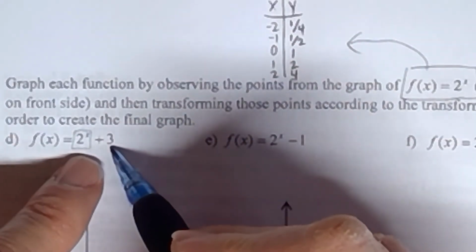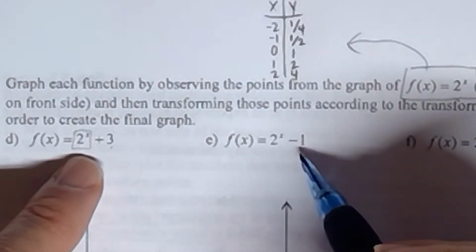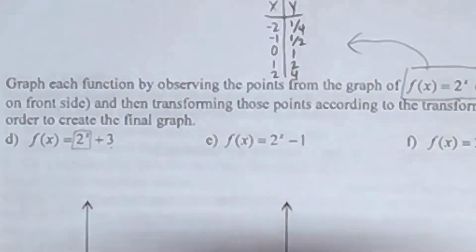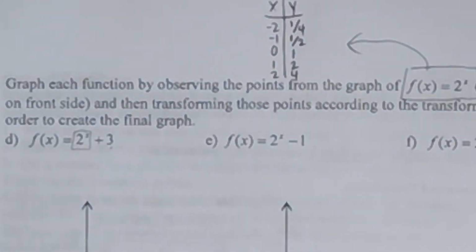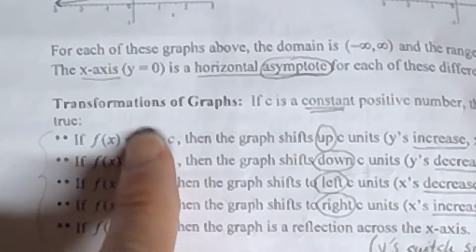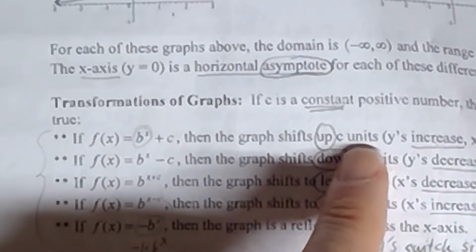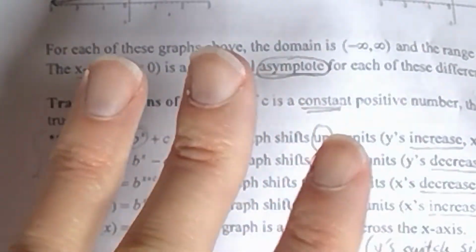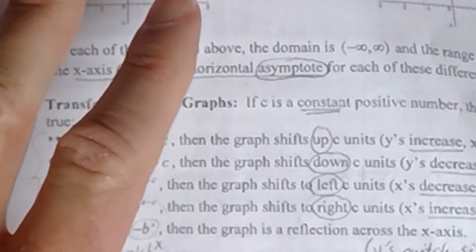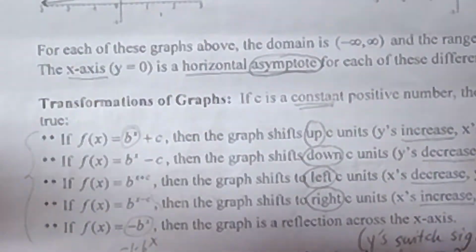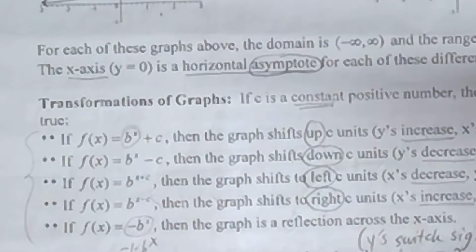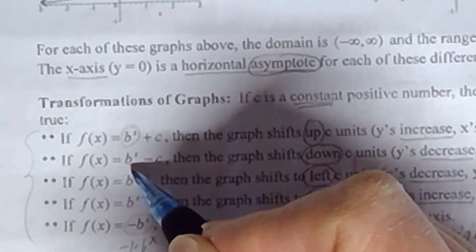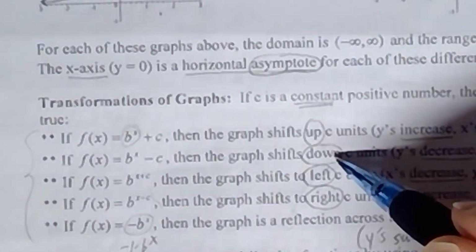If they add or subtract a constant number to the entire thing, as it says on the front of your worksheet, the graph is still going to be the same exact looking graph, not wider or more narrow, but exactly the same as 2 to the x, except it's either going to shift up or down.